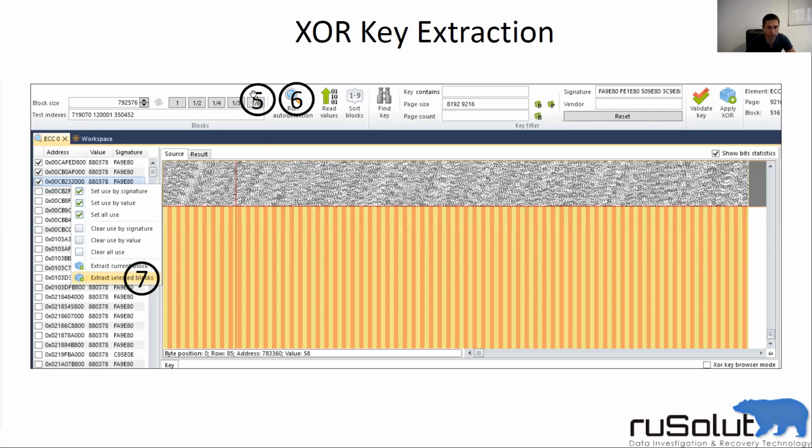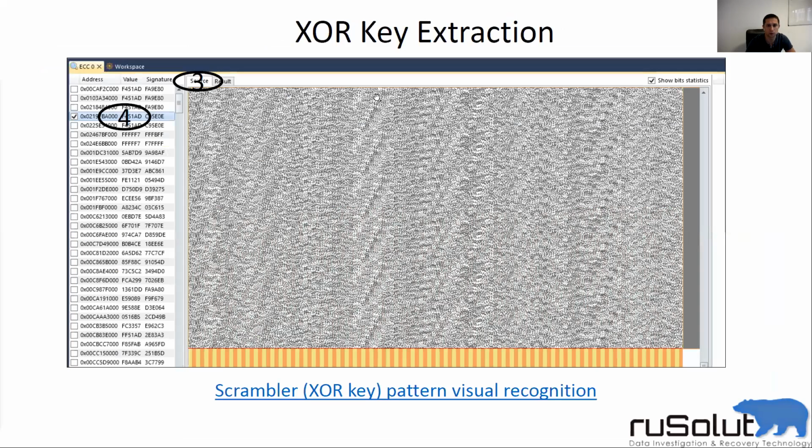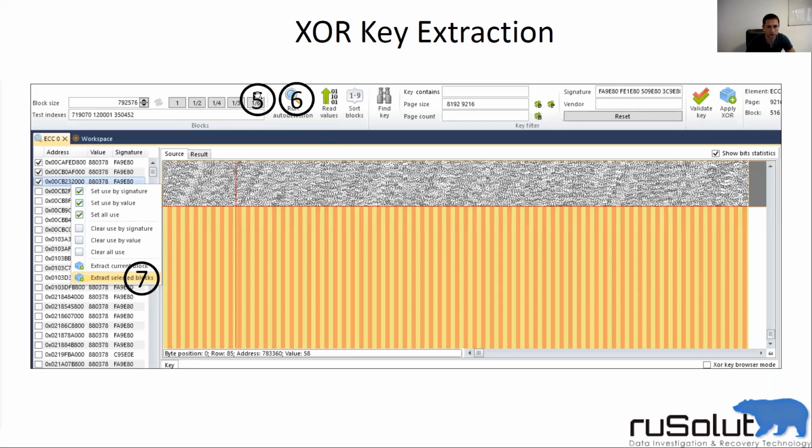So you see that we have 6 keys. Then we divided the block size for testing by 6 from the previous one, and clicked run auto detection again. Now instead of the big blocks, VNR will analyze and compare smaller blocks.